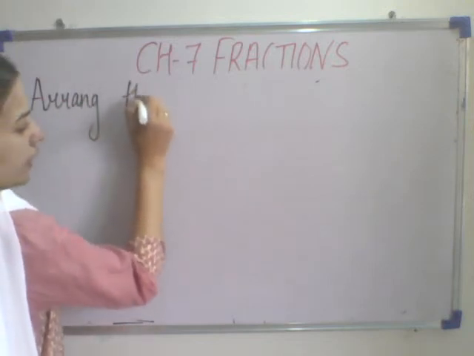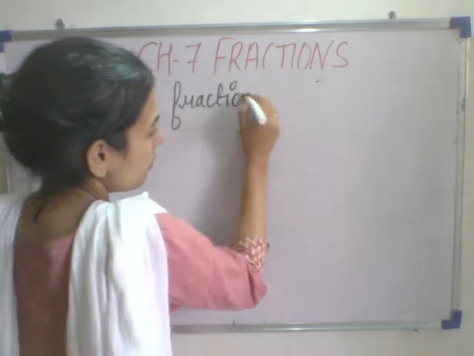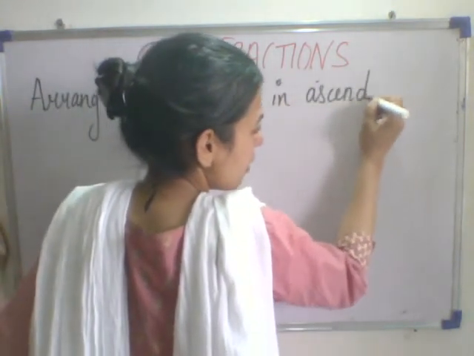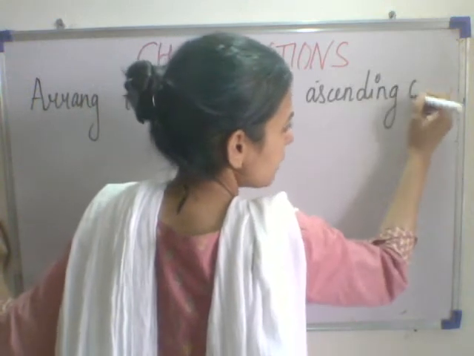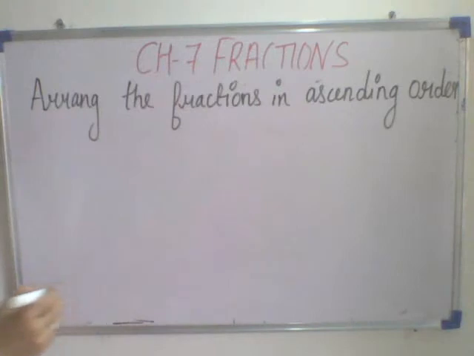So, I am writing the question. We have to arrange the given fractions in ascending order. How to arrange the fractions in ascending order?